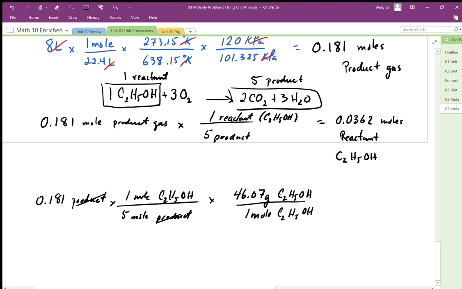These cancel out, so I end up with 0.181 divided by 5 times 46.07, or we could just say this number of moles times the molar mass, and we end up with 1.668 grams of C2H5OH, or ethanol.